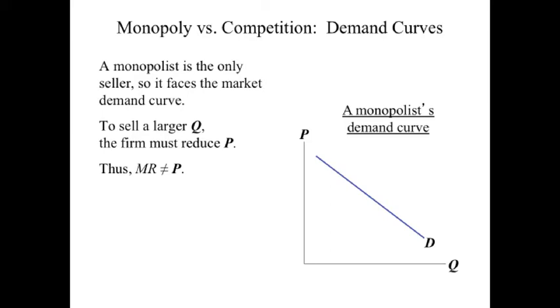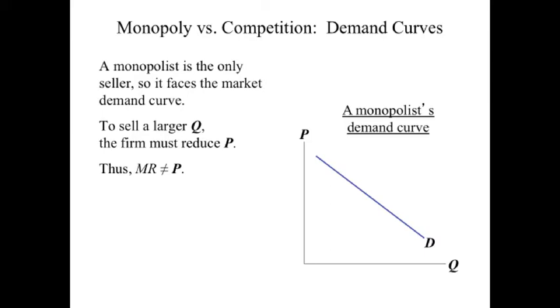Many people, when you first hear that, are a little bit perplexed. But think about it this way. Think about a monopolist that's selling 10 units at $25 a unit. If it wants to sell 11 units, it has to drop the price. Let's say it has to drop it to $24 a unit. So your first reaction will be, then the marginal revenue is $24 because you're lowering the price to $24 and you make the extra sale.